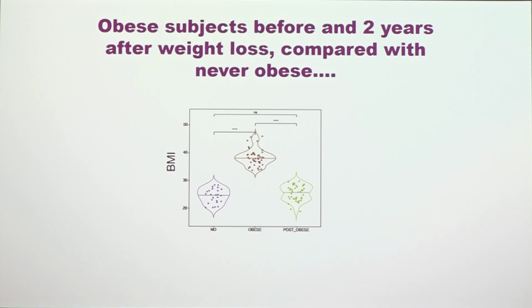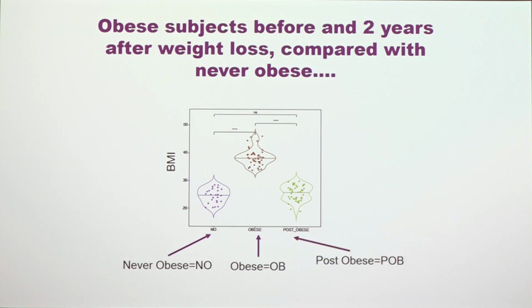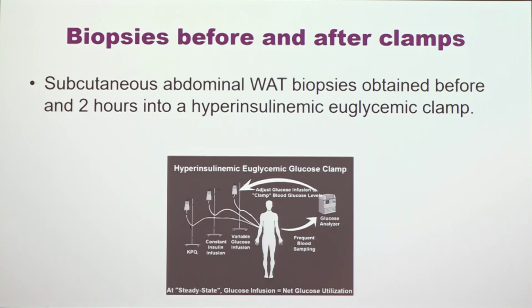We had the never obese here, NOs, we have the obese, and then we have the subjects that were obese but lost body weight after 2 years, and we call them post-obese because all of them had a BMI below 30. And we did subcutaneous biopsies before and after a 2-hour hyperinsulinemic euglycemic clamp.